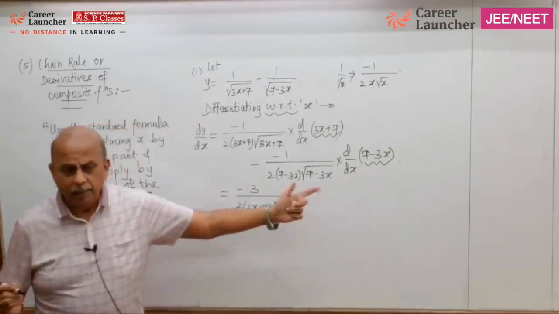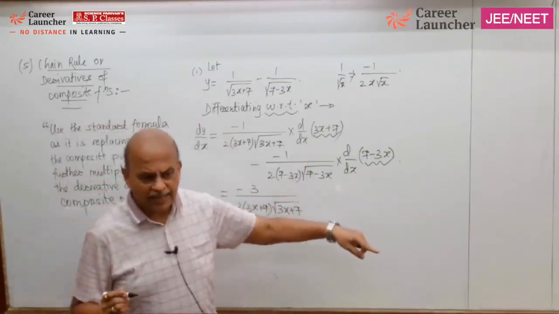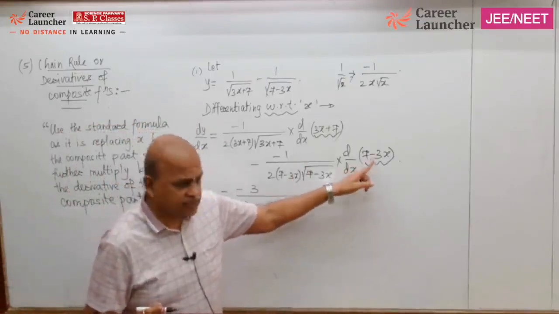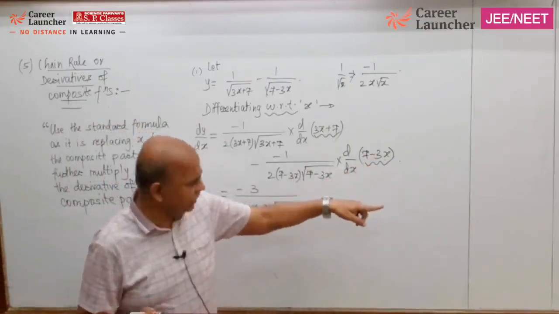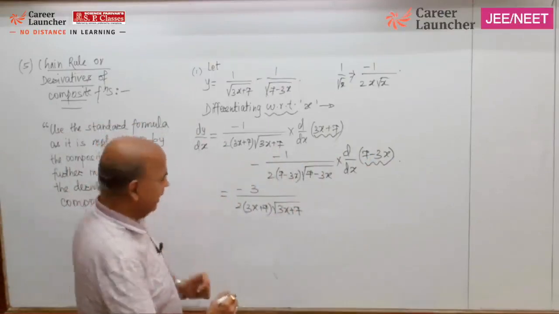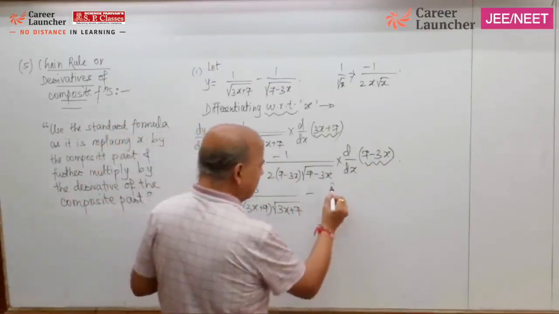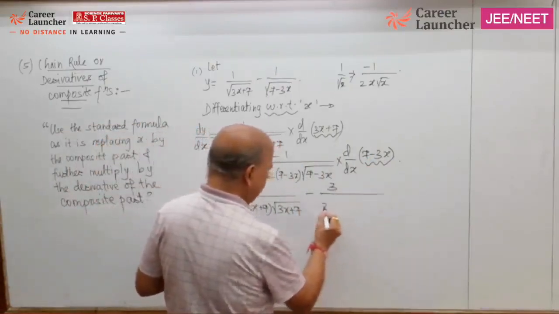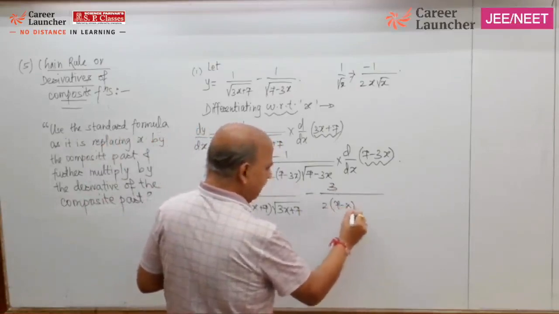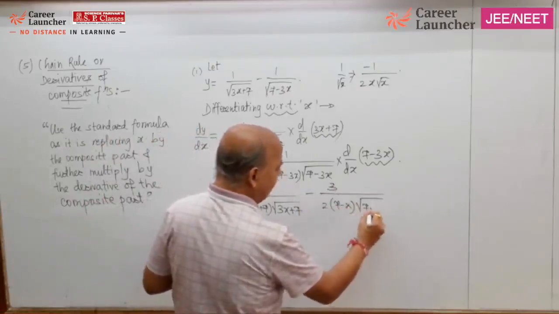What is the derivative of 7 minus 3x? Minus 3. 0 minus 3 into 1 is minus 3. So minus, minus, minus 3 times minus sign, so again minus here: 3 upon 2 into (7 minus 3x) root of 7 minus 3x.